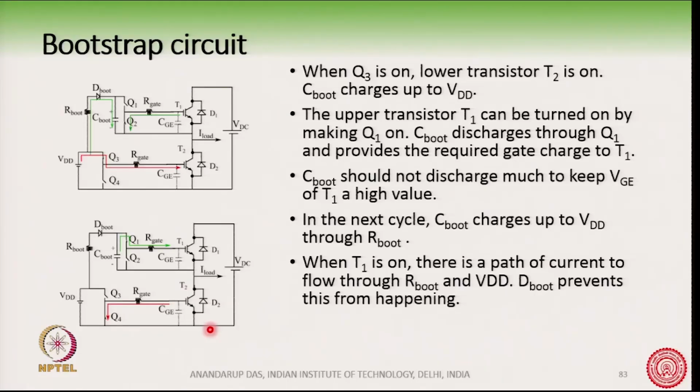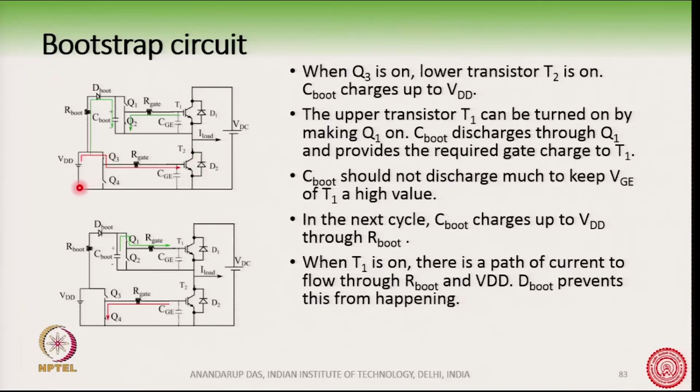But what happens with the upper one? Note that when you are turning on this lower IGBT by turning on Q3, there is a path for current to flow, as shown by this green arrow here.